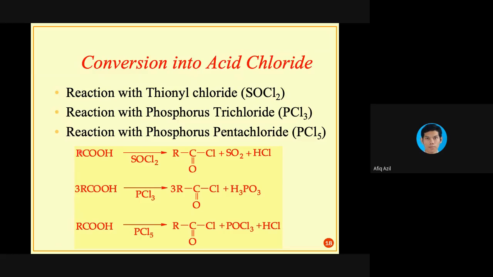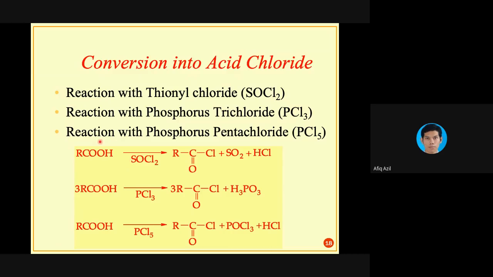So the first example over here, if you are using thionyl chloride, SOCl2, you just need 1 mole of the carboxylic acid and 1 mole of the thionyl chloride, and you are going to end up with the corresponding acid chloride.